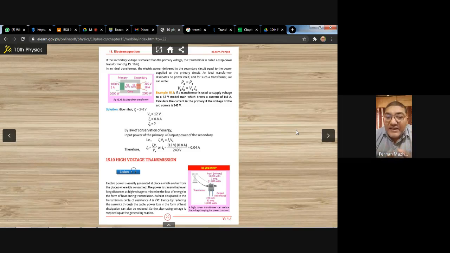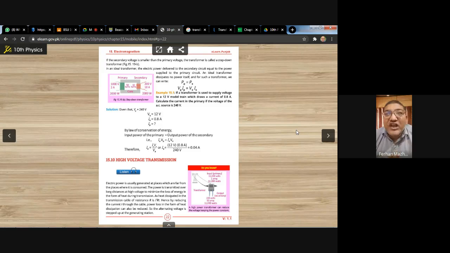The power in the primary and the electric power in the secondary are both equal in an ideal transformer. An ideal transformer dissipates no power itself.